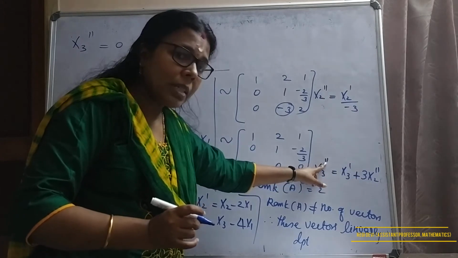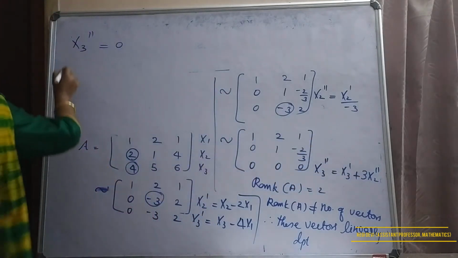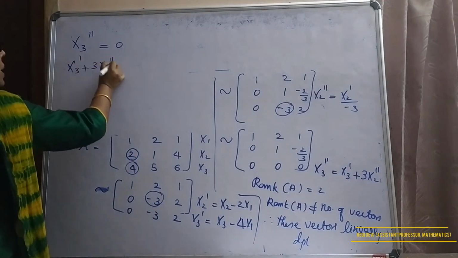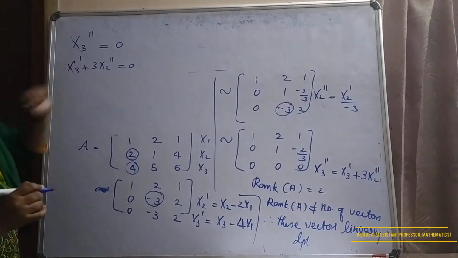What is x3 double dash? x3 double dash is x3 dash plus 3x2 double dash. So x3 dash plus 3x2 double dash equal to 0.